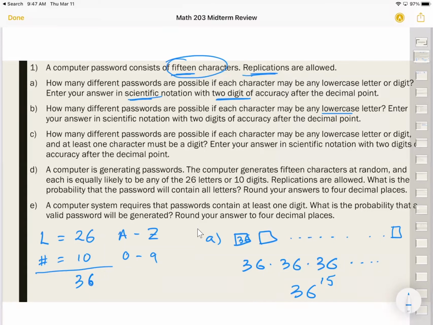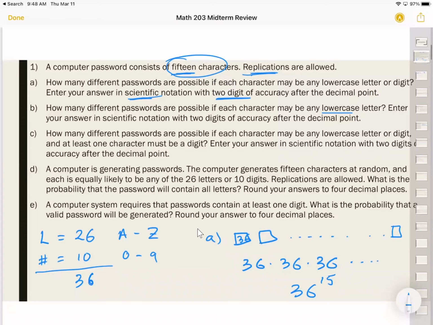So, how many different passwords are possible if each character might be any lowercase letter or digit, and at least one character must be a digit? So this is what I mentioned to you guys last time: remember, at least one, right?